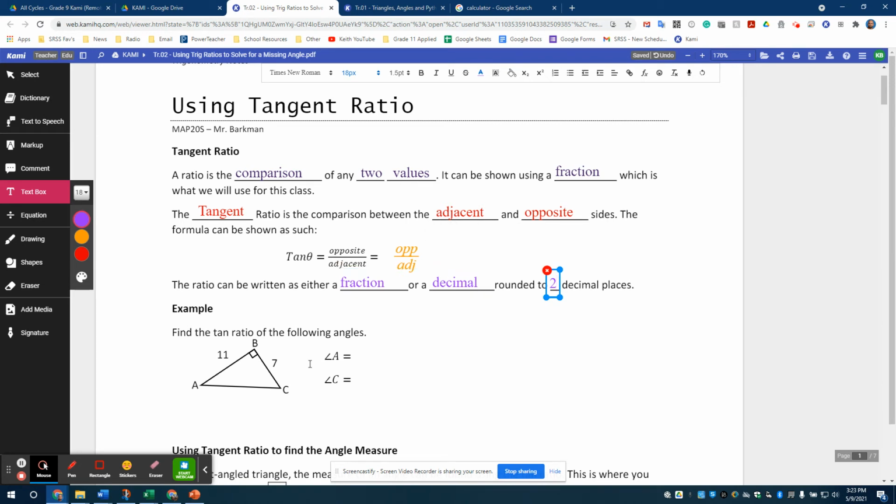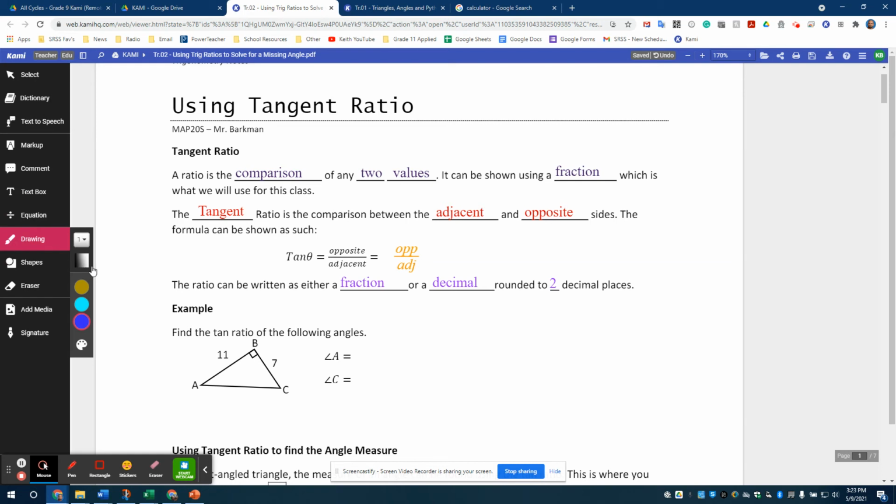So let's take a look at finding the tan ratios. Let's look at angle A, and I'm going to do a couple different things here. Angle A is right here. I'm going to do 2 different colors on the same triangle.